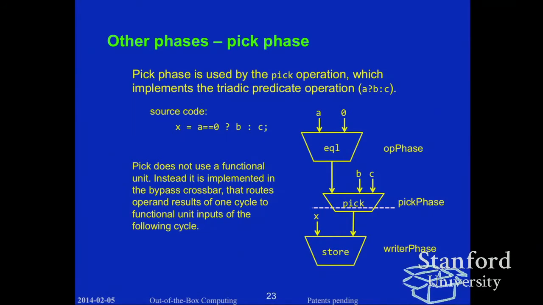And actually, it occupies no time at all. Although the slide is showing that as if there was a pick functional unit, there really isn't. It's actually happening as the cycle boundary happens and data is getting routed. So it doesn't occupy a functional unit, and we don't have to occupy a whole cycle for a pick. We can simply slip a pick in between an equal and a store.